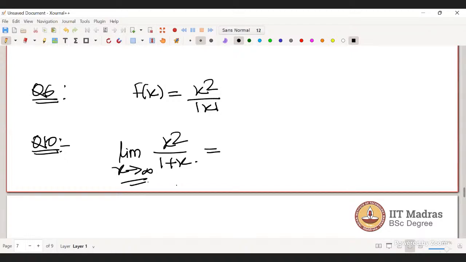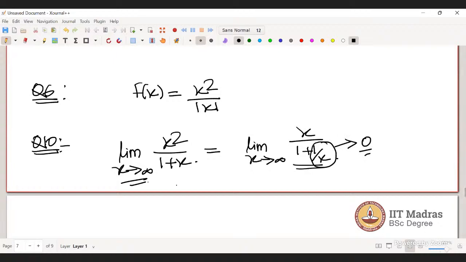Basically, if you divide by x, what will you get? x upon 1 by x plus 1, right? So as x goes to infinity, the 1 by x goes to 0, so the denominator goes to 1.